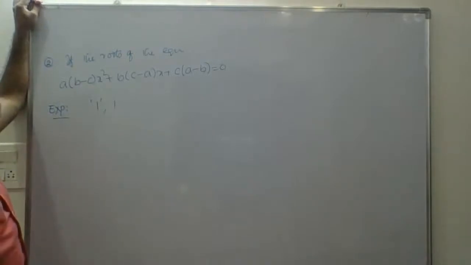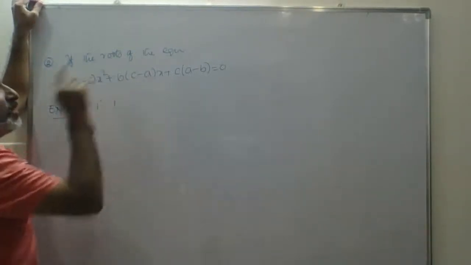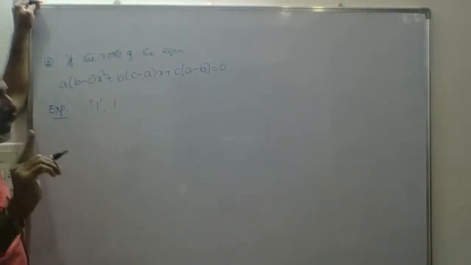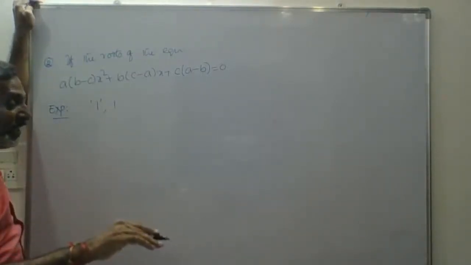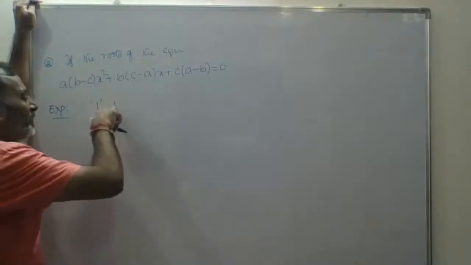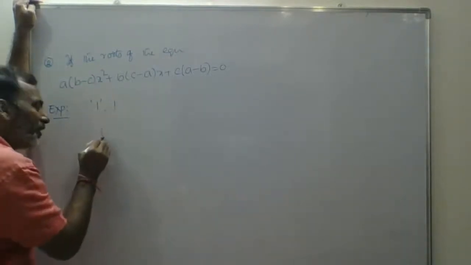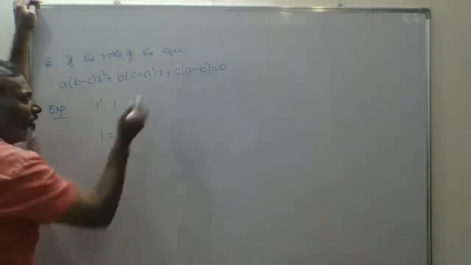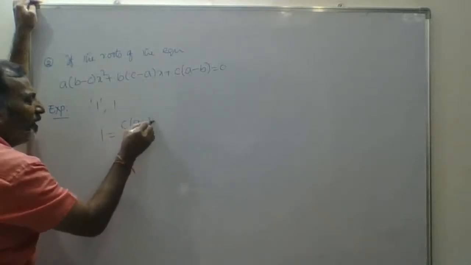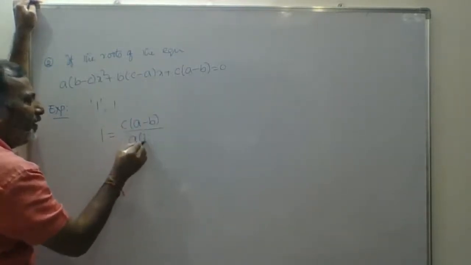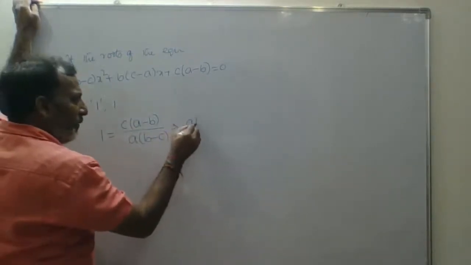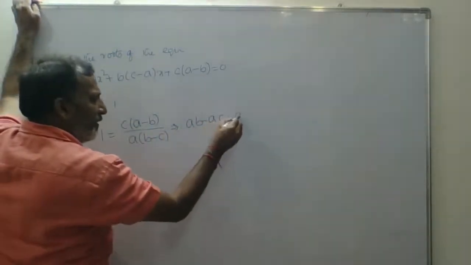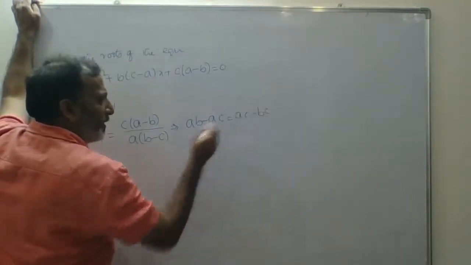1. First one ఎట్లా వచ్చింది? Sum of the coefficients is 0 కనుక one of the roots of the equation is 1. కానీ వాడు ఏమి ఇచ్చాడు? The two roots are equal అన్నాడు. Means other root is also 1. Therefore, product of the roots is 1. Product of the roots ఏమవుతుంది? C into A minus B by A into B minus C. Cross multiplied. AB minus AC is equal to AC minus BC.